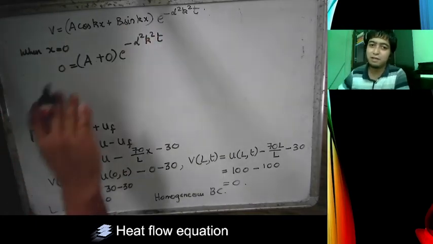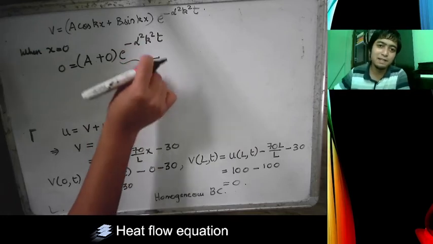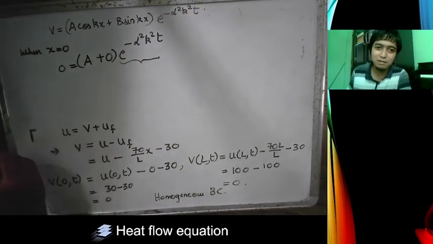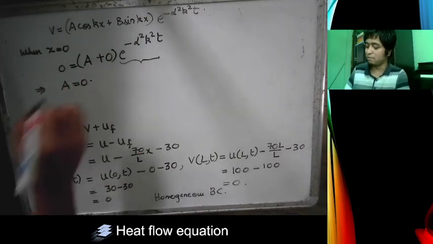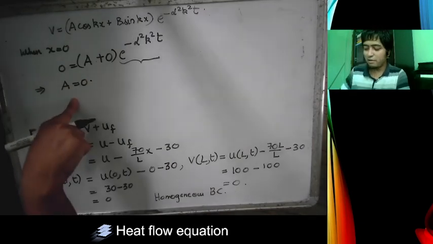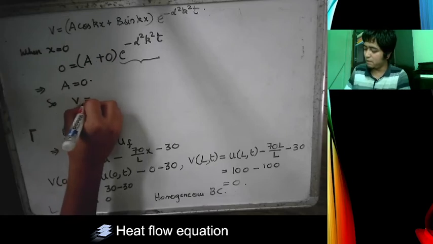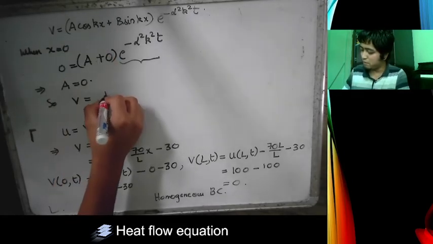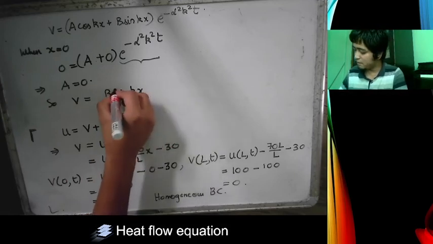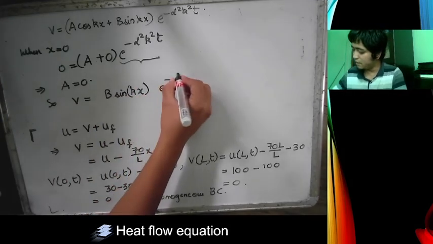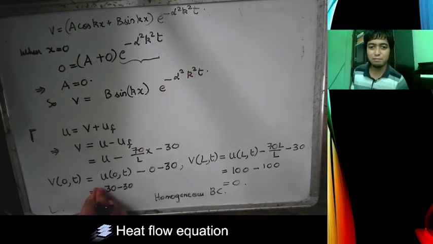You can put any time, and you will see that this will not be equal to 0 unless time tends to infinity. So A will be equal to 0. We have found the value of A. We can substitute it over here, so V will be equal to B sin kx times e to the minus alpha squared k squared t. We have used this boundary condition.